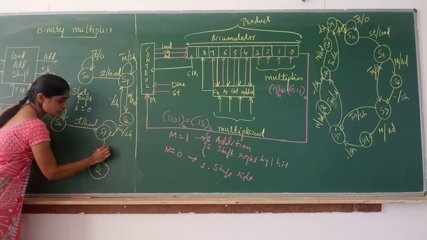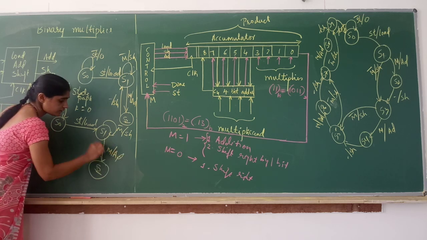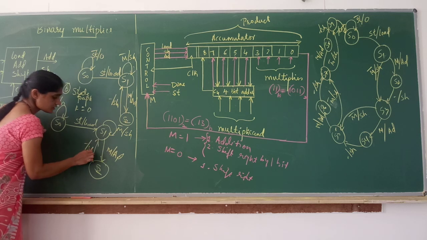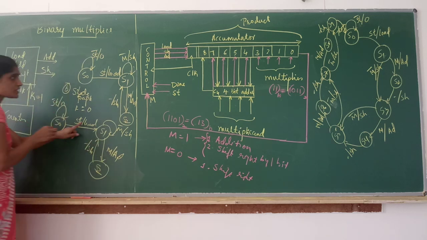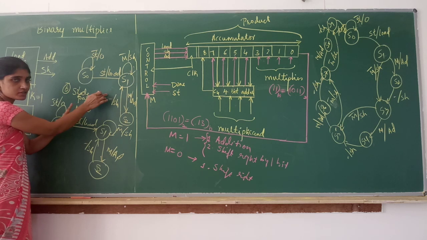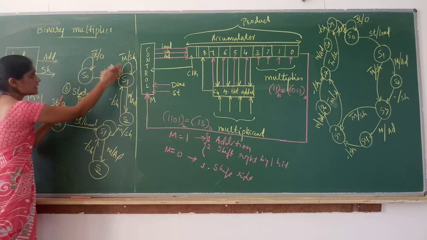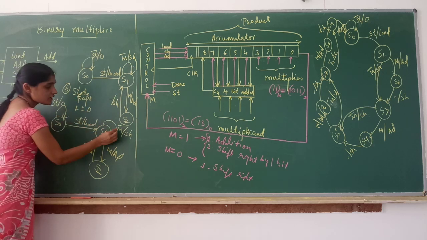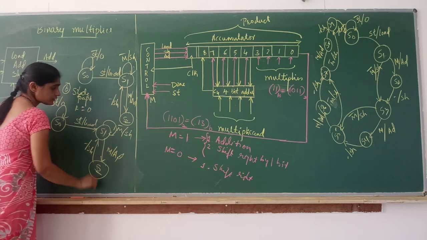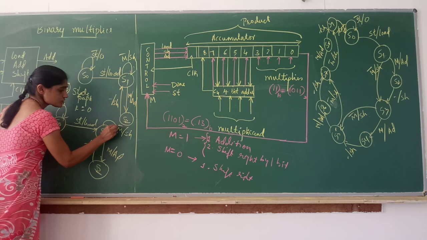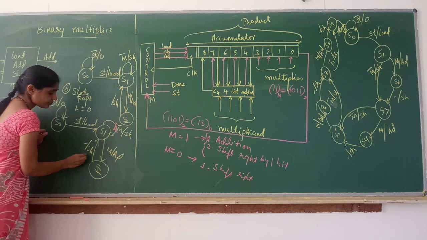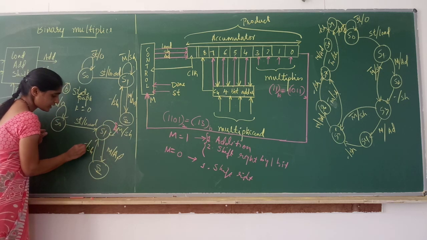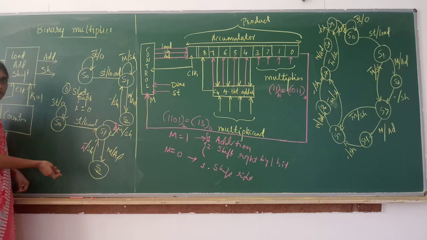If m is 1, first add, then shift, right? So if k is equal to 0, the same process will go on. Every time it has to check the value of m, add, shift, till we have the k value as 0. So I'll add one more signal here, k bar, and here k bar. Same thing will repeat.